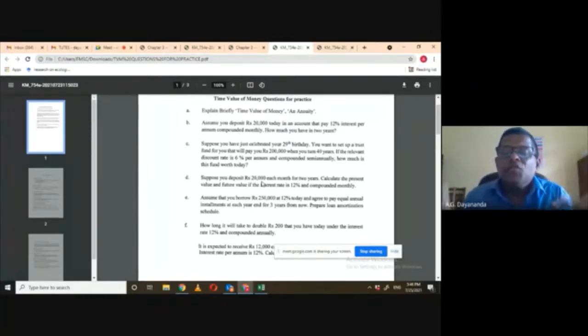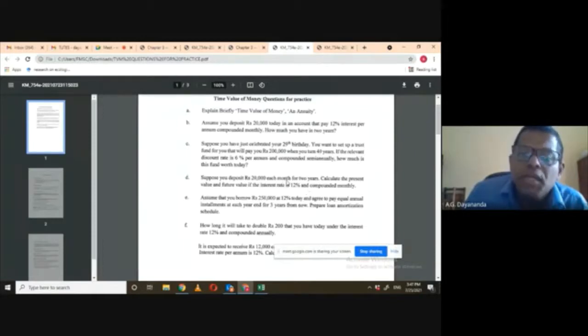If you do it both ways, there are 4 answers. You have to calculate the present value and the future value. The question is very clear: 20,000 each month for 2 years and 12% interest. Since it's monthly compounding, we take the 1% interest, not the 12% interest.